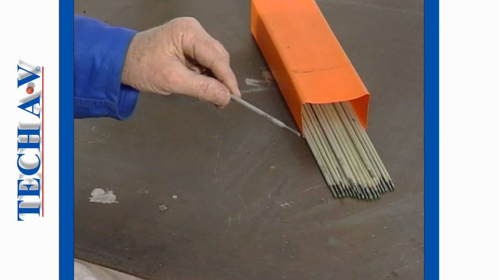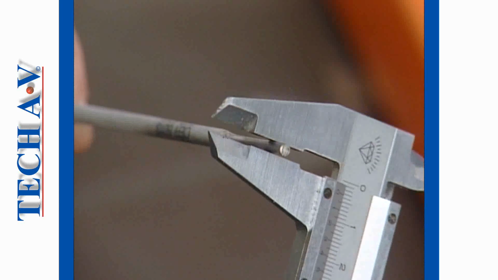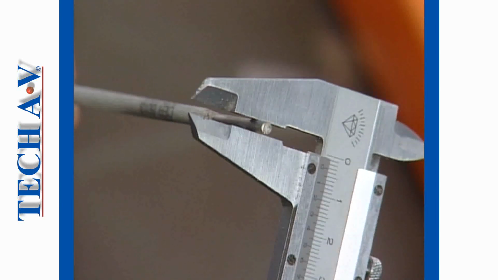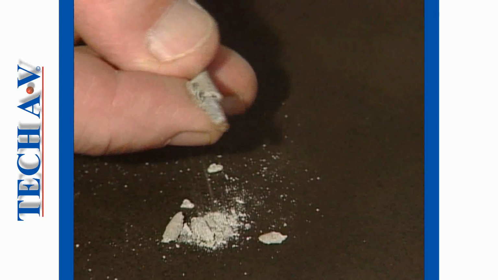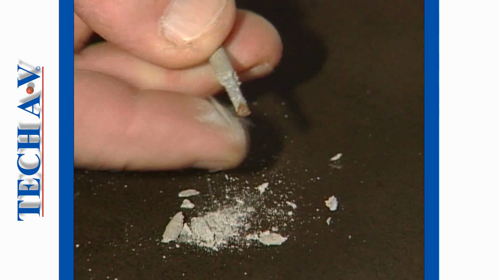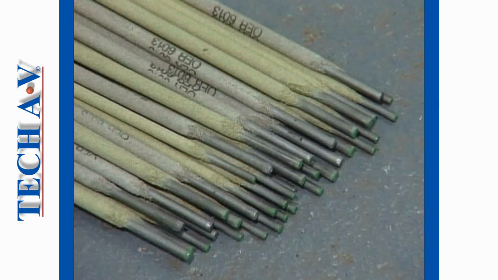The size of an electrode is determined by the diameter of the wire. Common for general purpose sizes are 2 mm, 2.5 mm, 3.15 mm, and 4 mm. The composition of the flux covering of any given electrode determines the type of electrode and its suitability for specific applications.